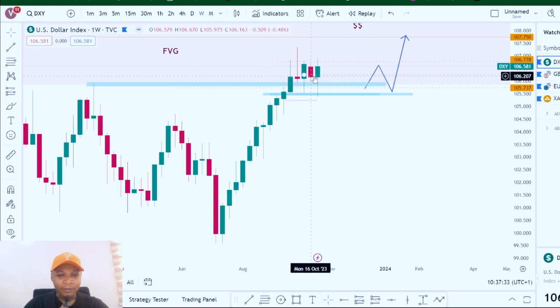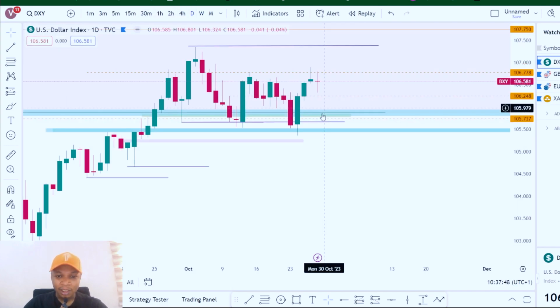However, we need to see the dollar up here based on our technical analysis. We need to see the dollar all the way up here going into next week or the beginning of next month at least.